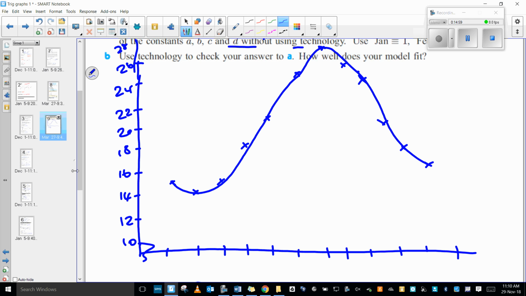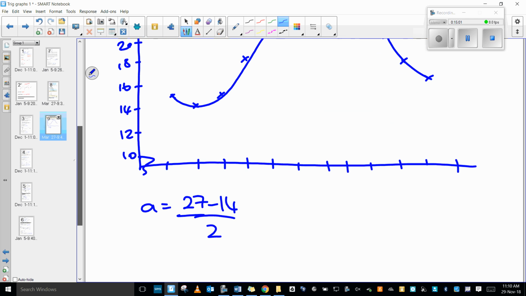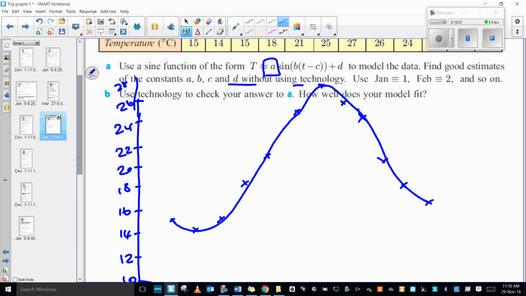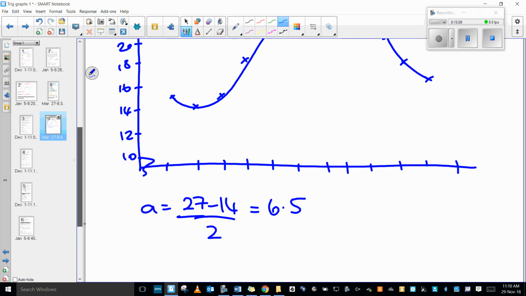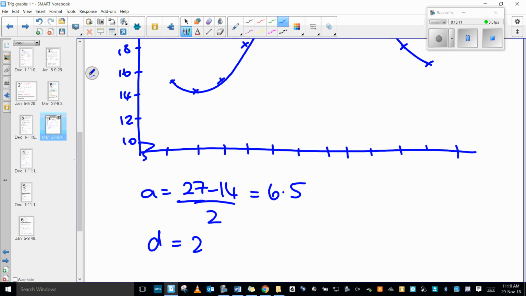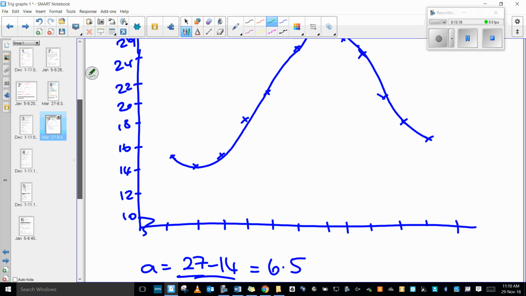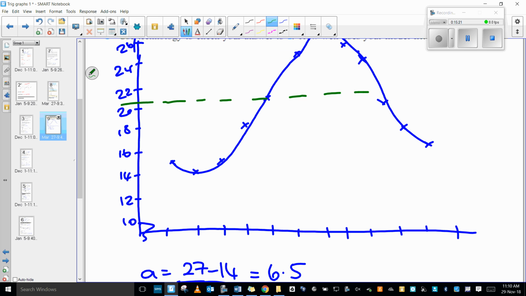And divide by 2. So 13 divided by 2 is 6.5. Yes, that's more like it. So we know our central line is at 20.5, and we know that this measurement here is 6.5.